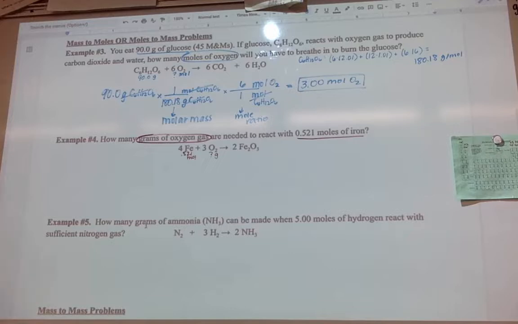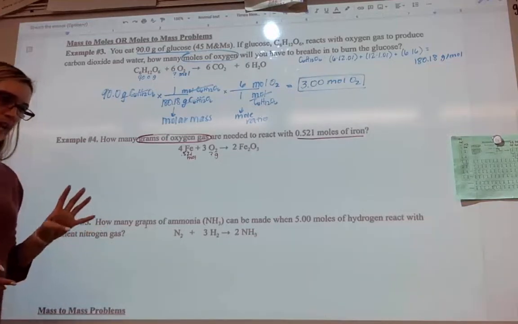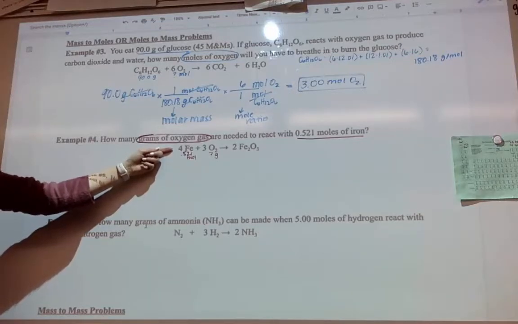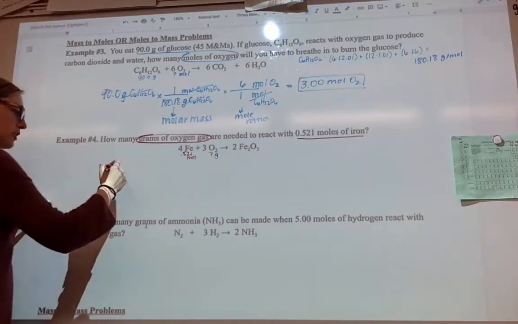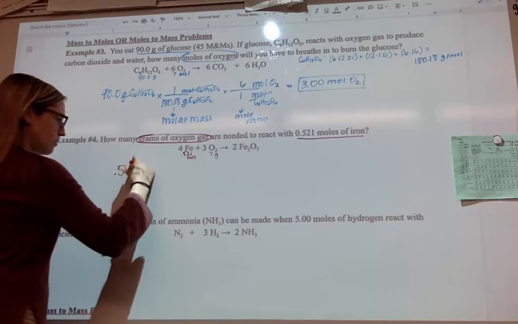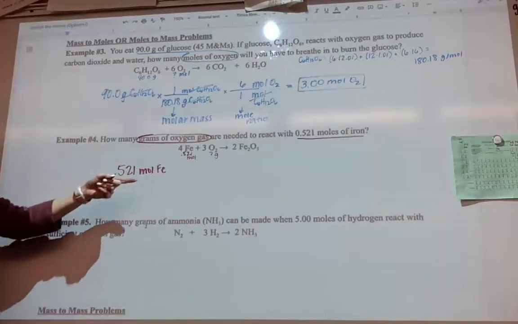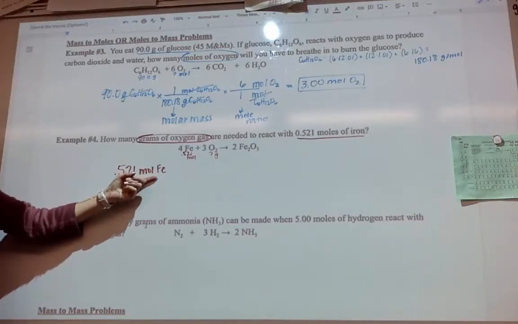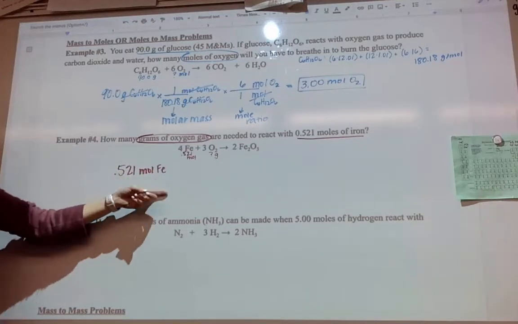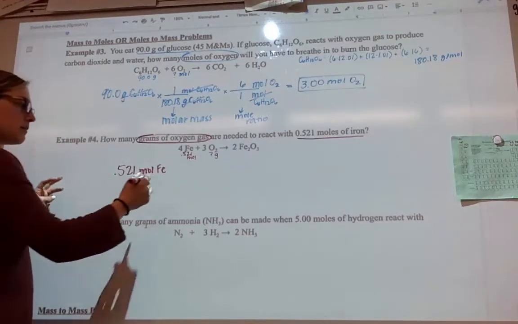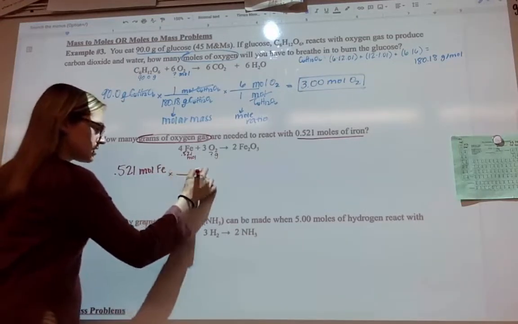Now again, let's go through the 4 steps. Always work through those 4 steps. Do we have a balanced equation? Yes. Okay, write down your given information. 0.521 moles of Fe. Is this in moles? Yes, I wrote down moles of iron. So it's already in moles. So step 2 is done. Step 3, convert between substances.